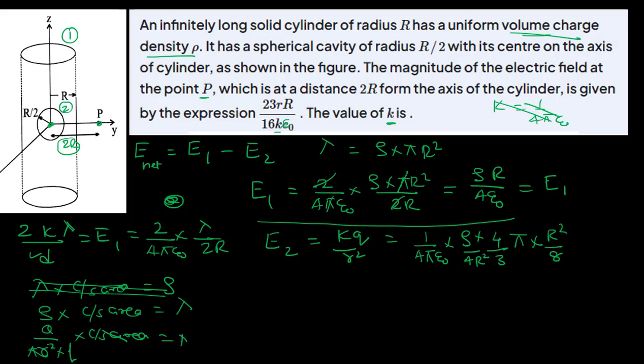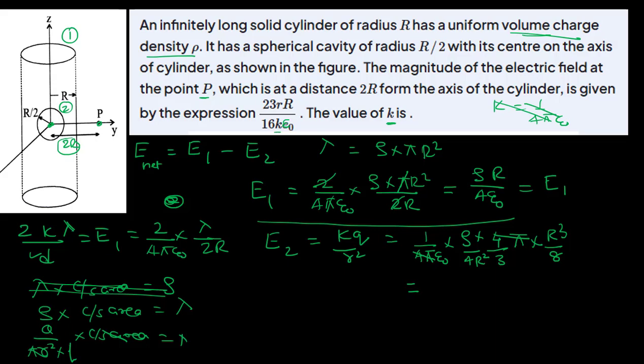Let us once again, k is 1 upon 4π epsilon naught. Q is rho into 4 upon 3 π r cubed by 8, and the denominator is 4π epsilon naught and 4r squared. Again here also a lot of things will get cancelled out. I can see 4π getting cancelled out. R cubed and r squared, so I will be left with r.